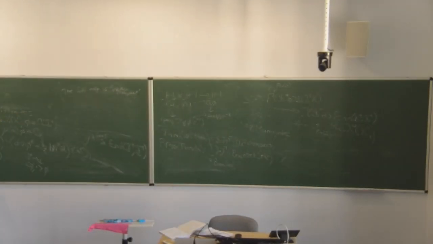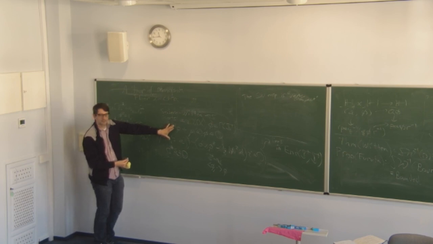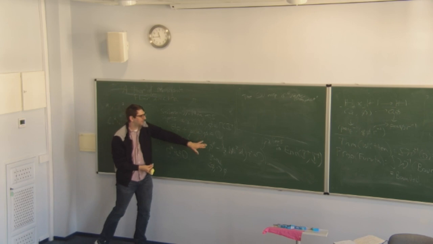Roughly what that says is that the Seiberg-Witten equations have an order 1 part, so they come with a differential, which is a linear differential operator. And then they come with a nonlinear part.